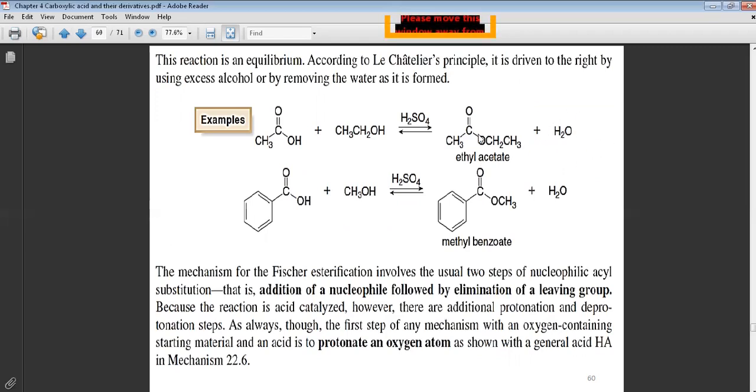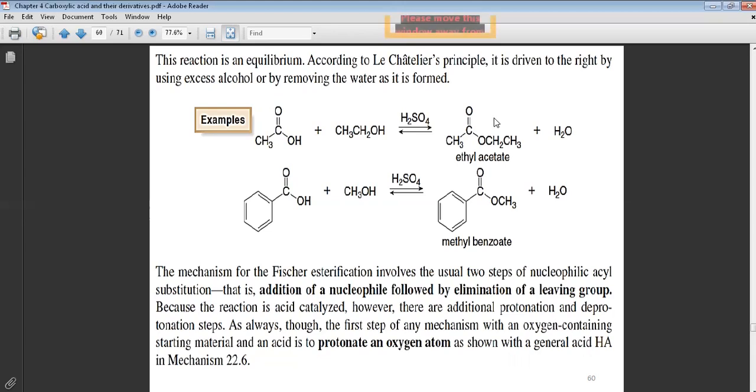Ester, H2O, acid, it is the hydrolysis with acid to give you carboxylic acid and alcohol. Now, we can prevent the back reaction by removing the water.